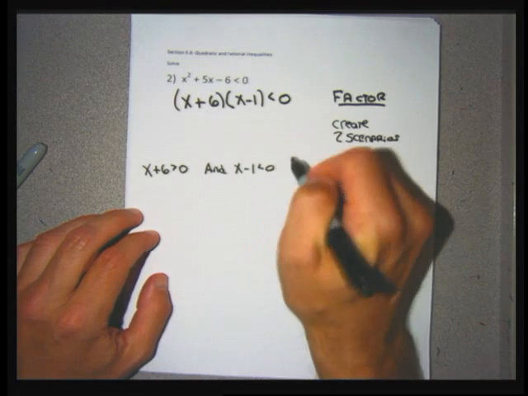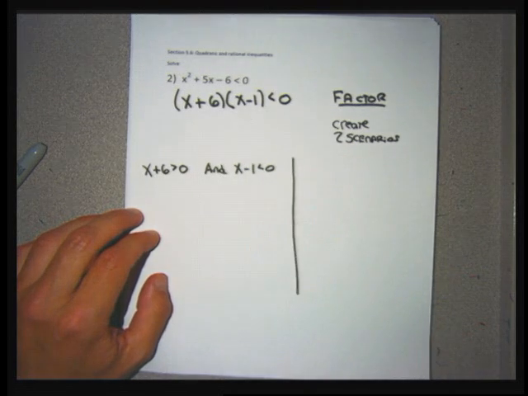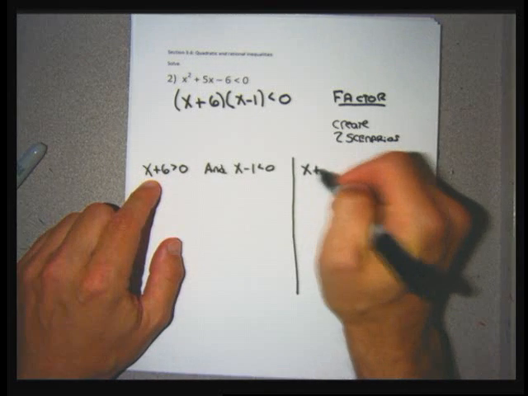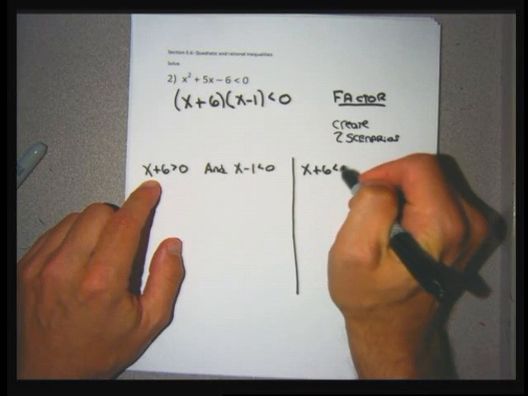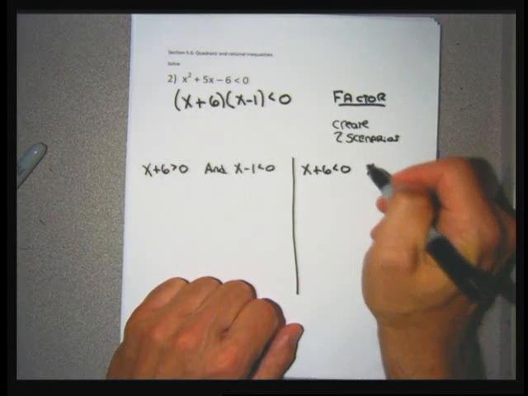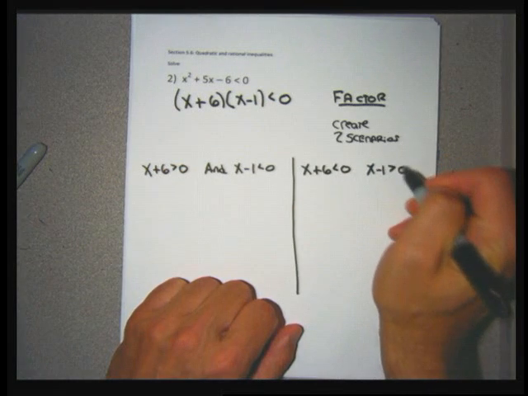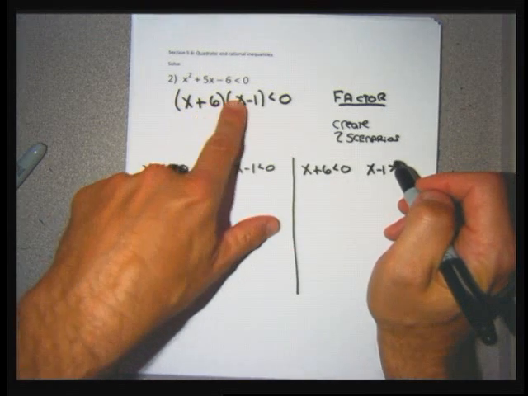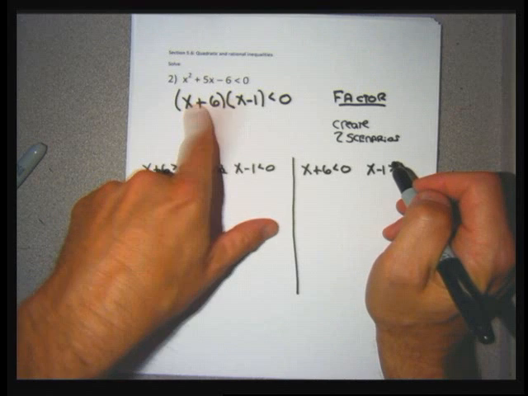That's my one scenario. The other scenario is to have the first one negative and the second one positive. The only way I can multiply two factors and get something that's less than 0, which is negative, is if they have opposite signs. And the two scenarios that create that are this one being positive, that one being negative, or this one being negative, that one being positive.